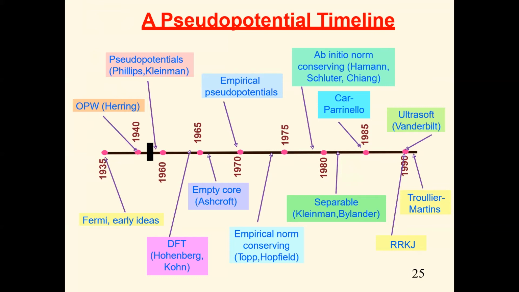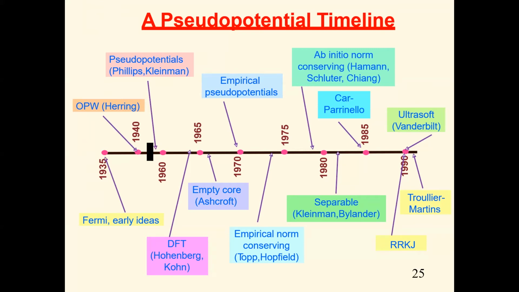Then the well-known Ashcroft empty core pseudopotential was developed by Ashcroft between 1965 and 1970. The empirical pseudopotential was developed between 1970 and 1975. The empirical norm-conserving pseudopotential was given by Topp and Hopfield between 1975 and 1980. The ab initio norm-conserving pseudopotential was given by Hamann, Schlüter, and Chiang.